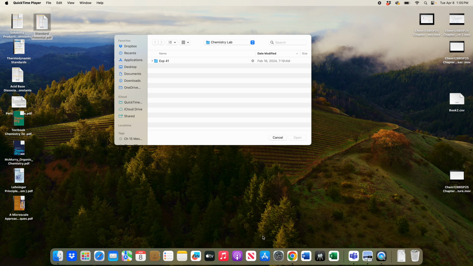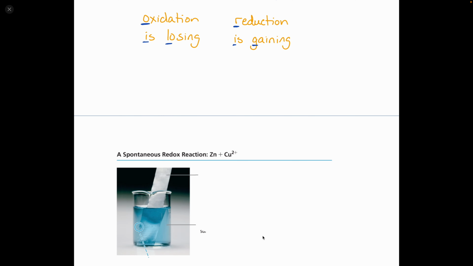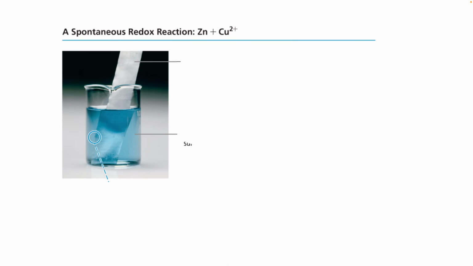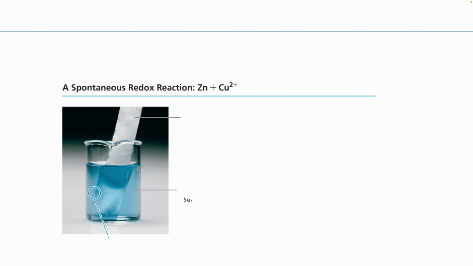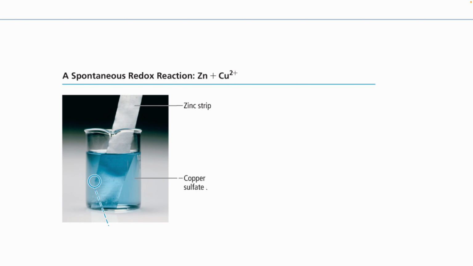Okay, so we're going to take a look at a redox reaction, one that you may have seen done in the lab, and that is the reaction between zinc and copper. Specifically zinc metal. So that's what we have in our beaker here, this strip of zinc metal, and then copper 2 ions. The sulfate part doesn't even really matter.